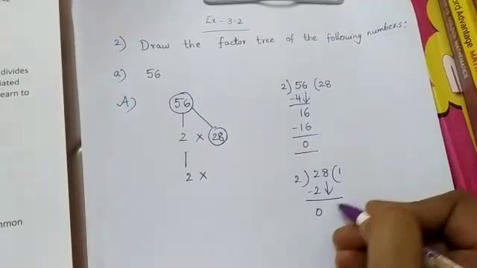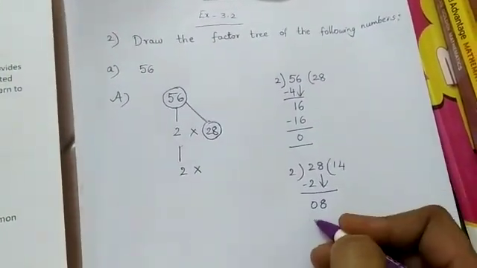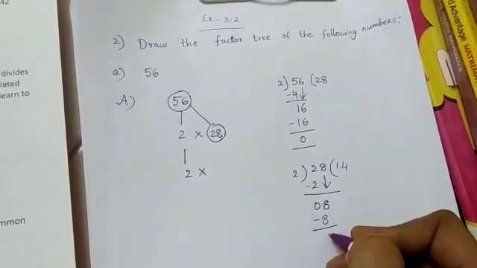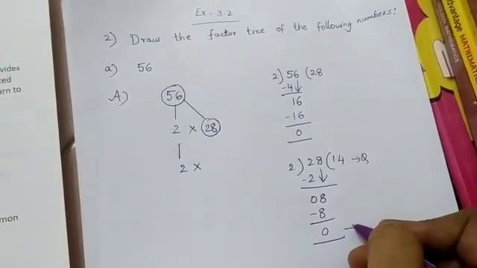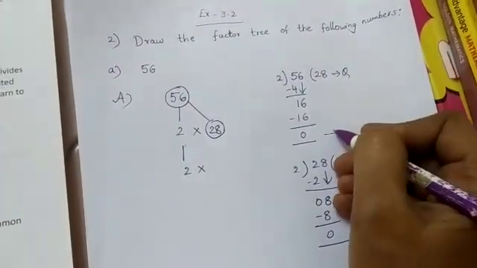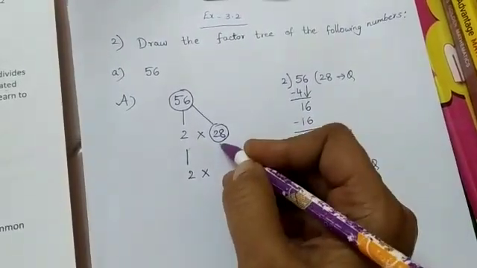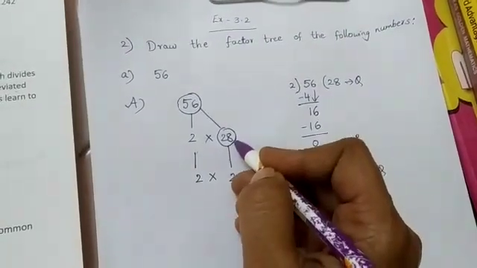Next bring down 8. 8 goes 4 times. So 8 minus 8 is 0. This is the quotient, this is the remainder.